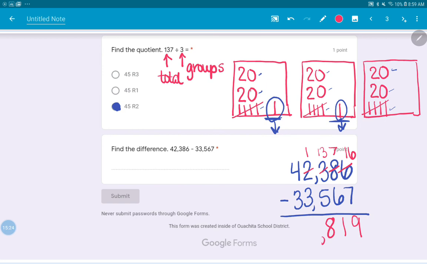And you can't do 1 minus 3, so take 1 from the 4. And that one would be an 11, and 11 minus 3 is 8. And 3 minus 3 is 0. Okay. So our answer is 8,819.